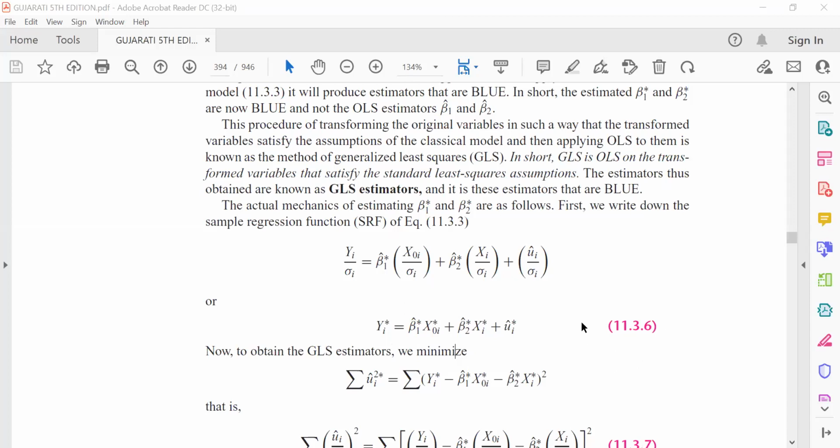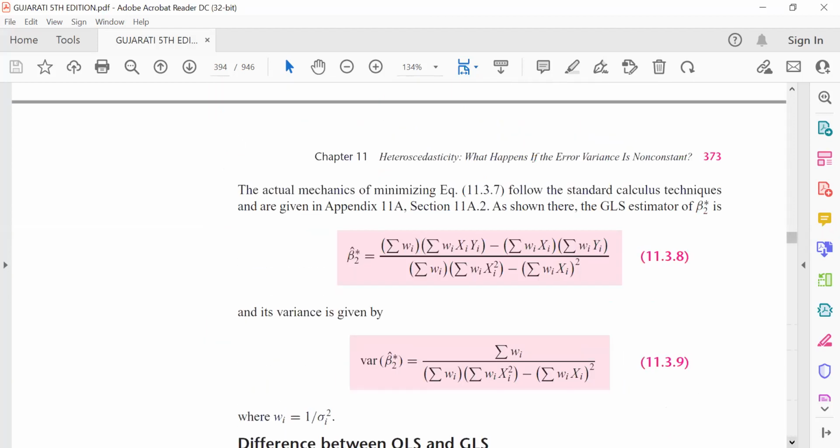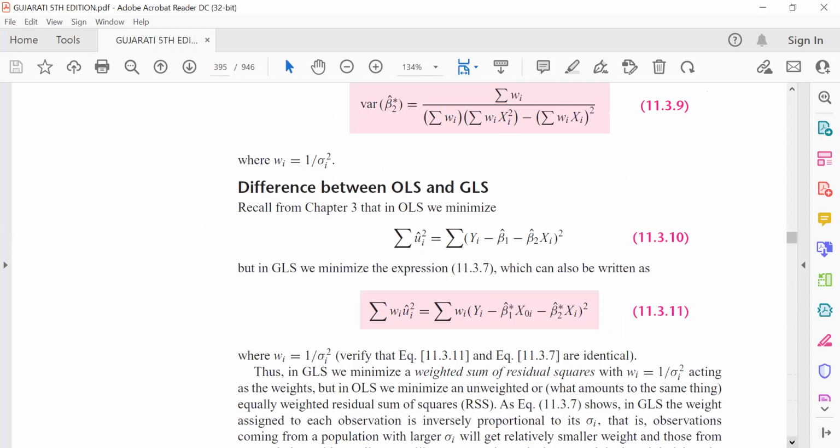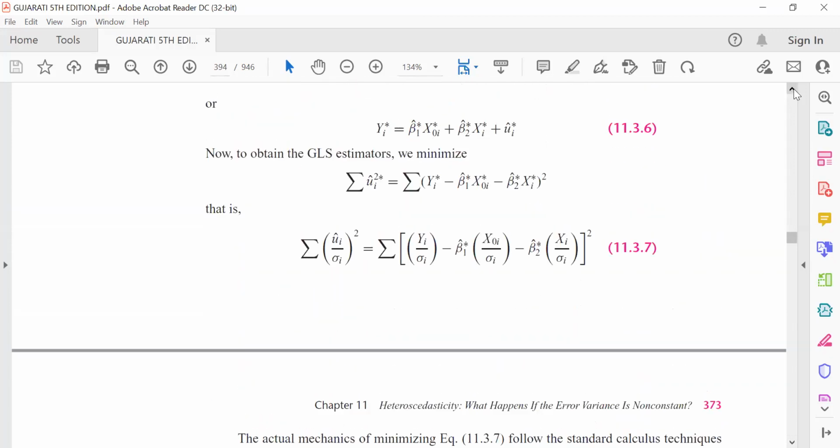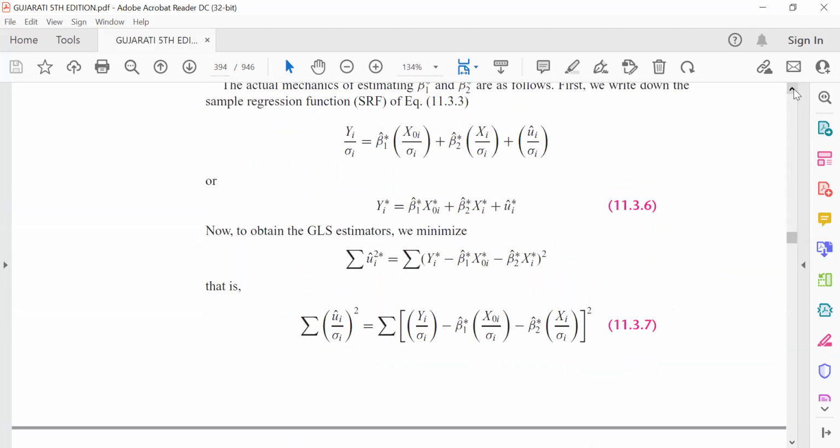Here, after transforming the data into weighted least squares, we hope we get constant variance, because we divided all the data into weighted variables here.